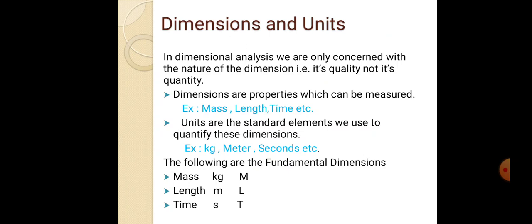So first of all, dimensions and units. Why do we study dimensions and units? Because engineers and scientists have to be able to communicate not only with words but also by carefully defined numerical descriptions.